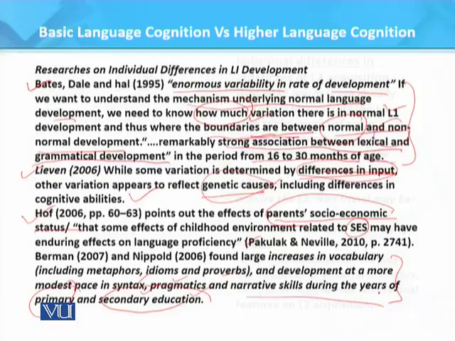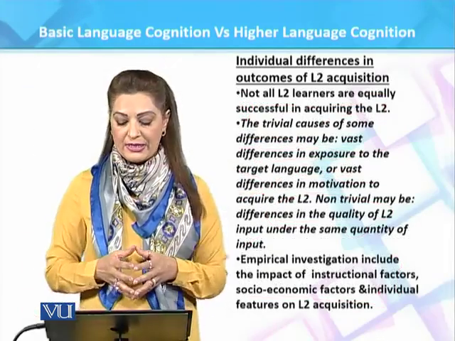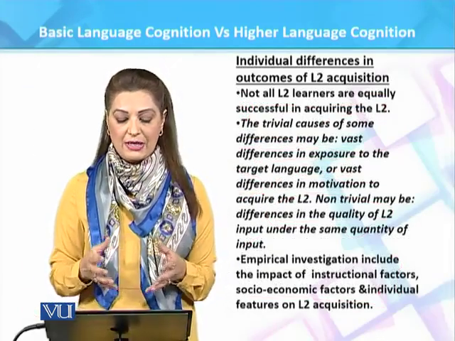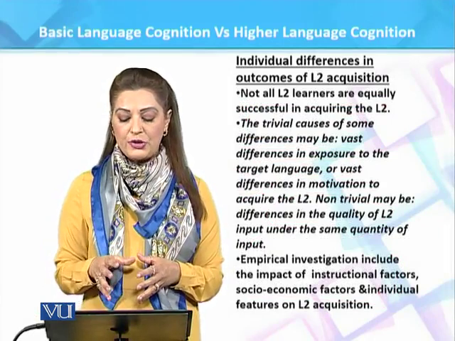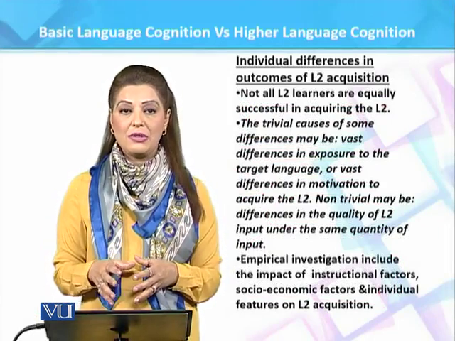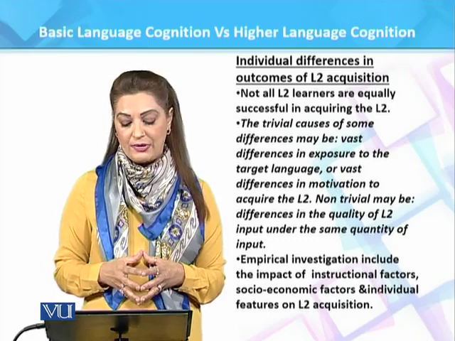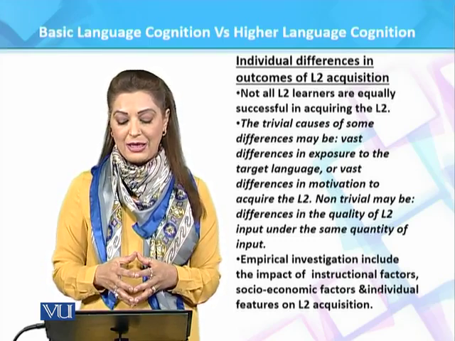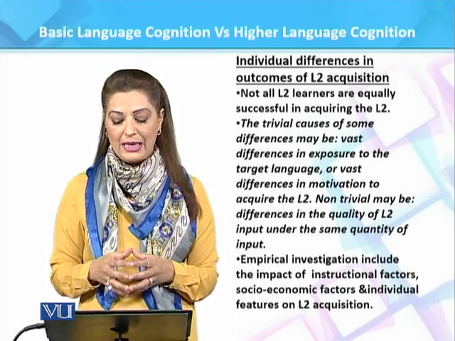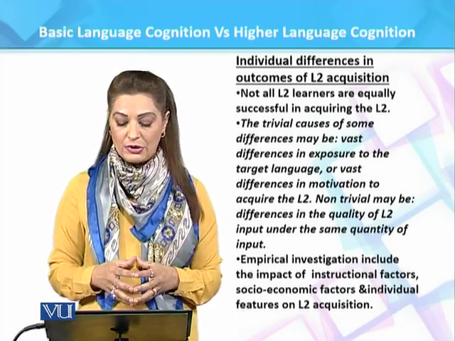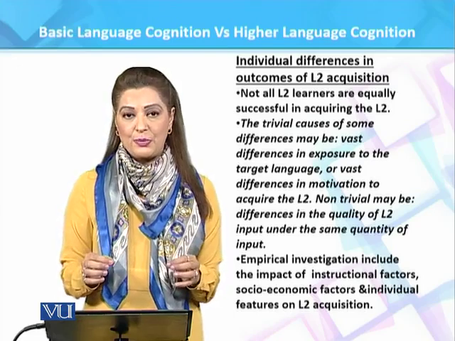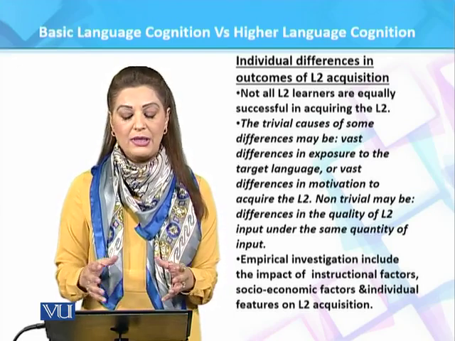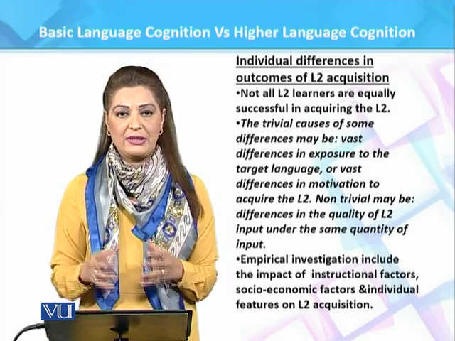We saw the differences in terms of first language, and now we will see individual differences in outcomes of second language acquisition. Not all second language learners are equally successful in acquiring the second language. That is an undisputed fact: not all learners acquire the second language successfully.